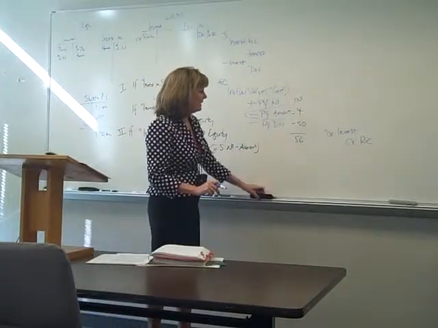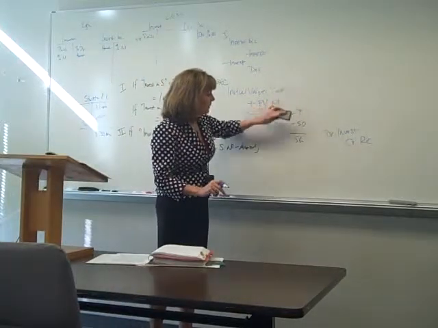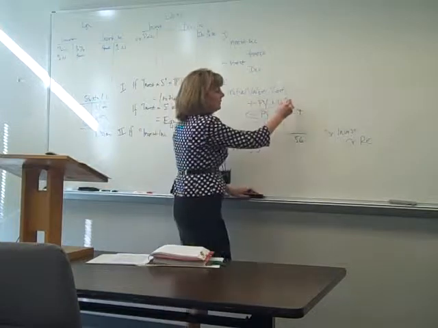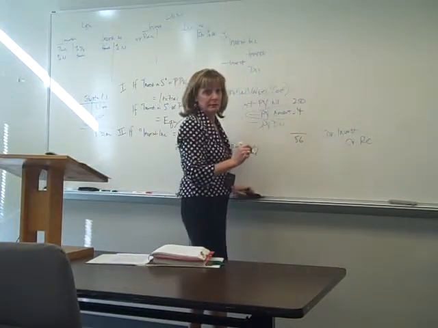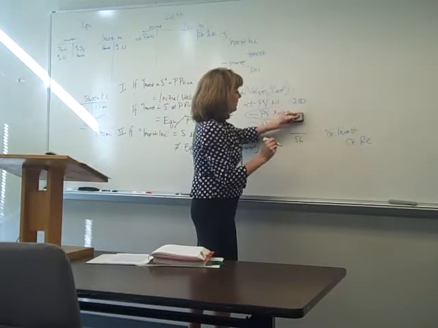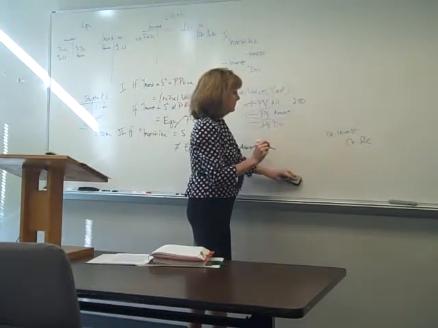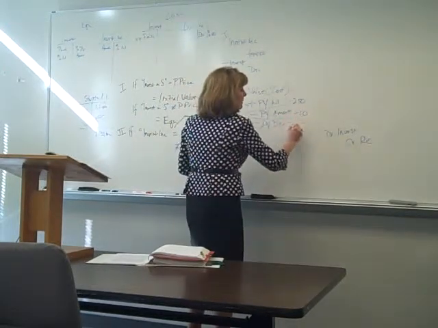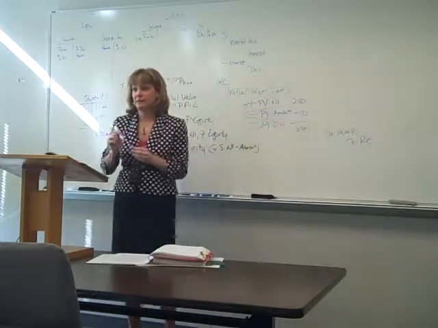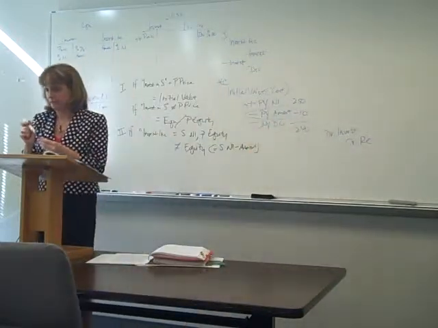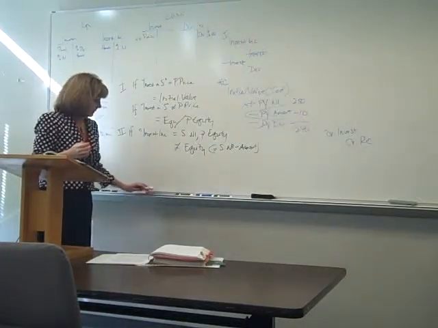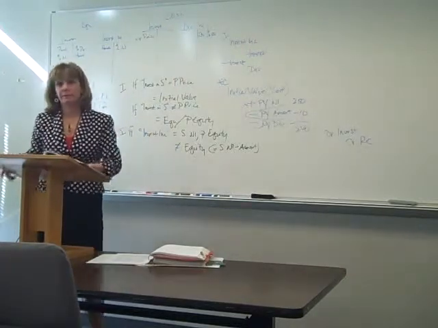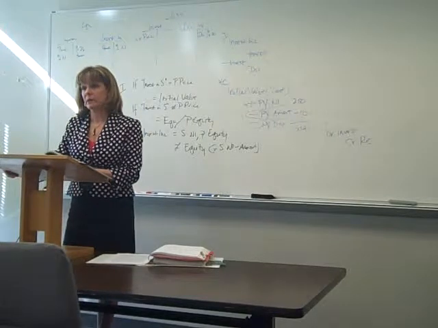So I can't put all 3 pieces, but I can put those 2 pieces together as 250. And I also know my amortizations are 10, so I know my star C is 240. Okay? Can you do that? Of course you can.